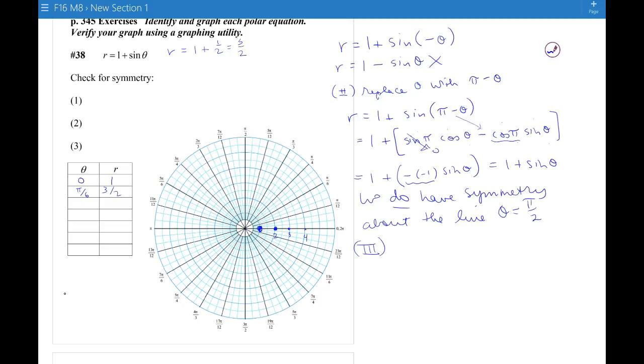So when the angle is pi over 6, I go 1.5 away from the pole. Okay, and then when I have pi over 2, the sine is 1, so r is going to be 2. So I have 1, 2.